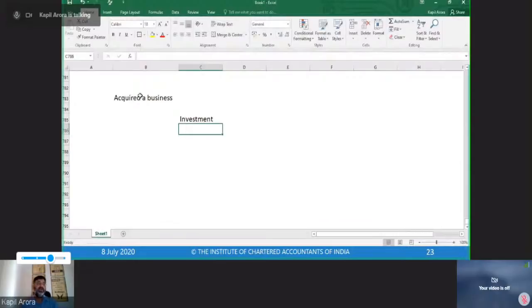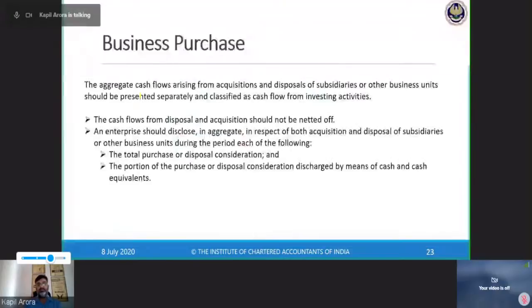So any cash or cash equivalent which goes out will be considered under investment activities. The important piece is that cash flows from disposal and cash flows from acquisition should be shown separately. For example, I have acquired one company and sold one company.